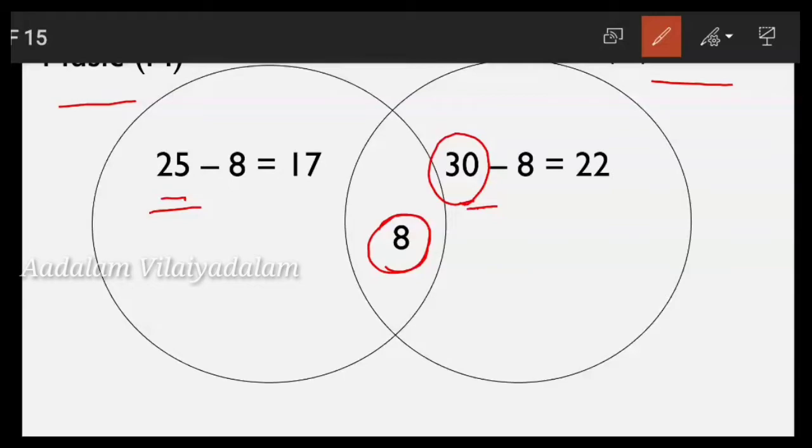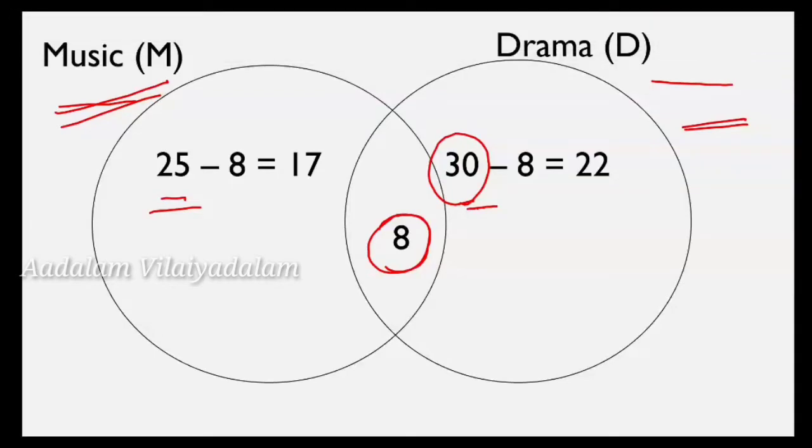So 8 students are common for these two events, music and drama. So now if we subtract these values, that is 25 minus 8 and 30 minus 8, we get 17 and 22.